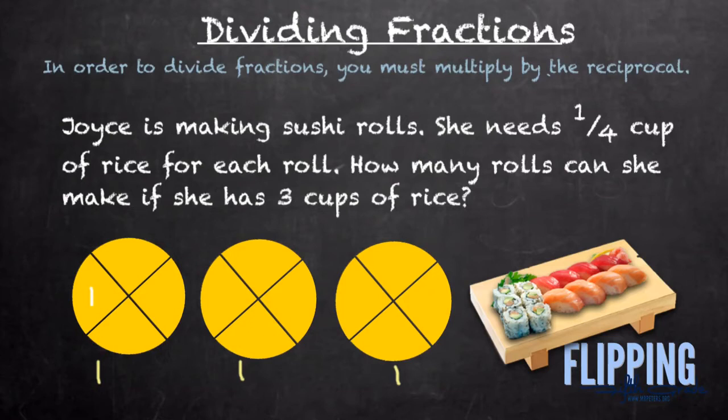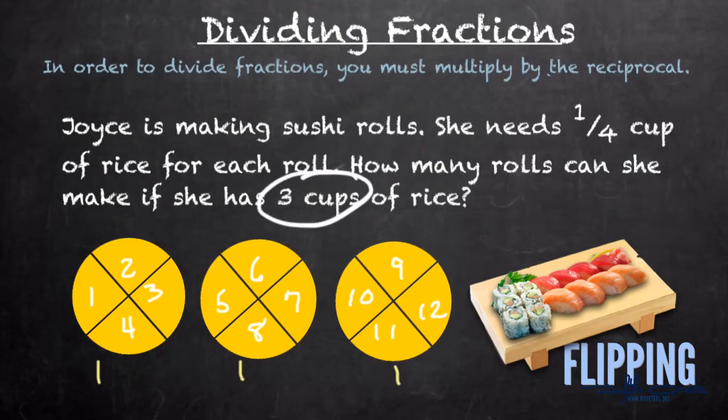So 1, 2, 3, 4, 5, 6, 7, 8, 9, 10, 11, 12 cups of rice, or I'm sorry, 12 sushi rolls you can make out of the 3 cups. So that's kind of what we're doing when we're dividing, but let me show you how to do it without a diagram.